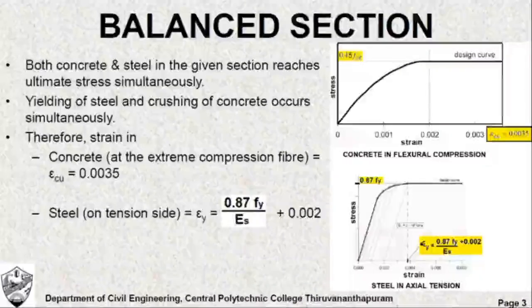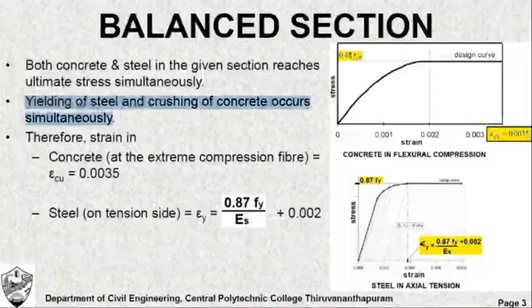First, balanced section. We call an RCC beam section a balanced section if the yielding of steel and crushing of concrete occurs simultaneously. We know that the concrete is effective only in the compression side, and we have steel on the tension side of the RCC beam.